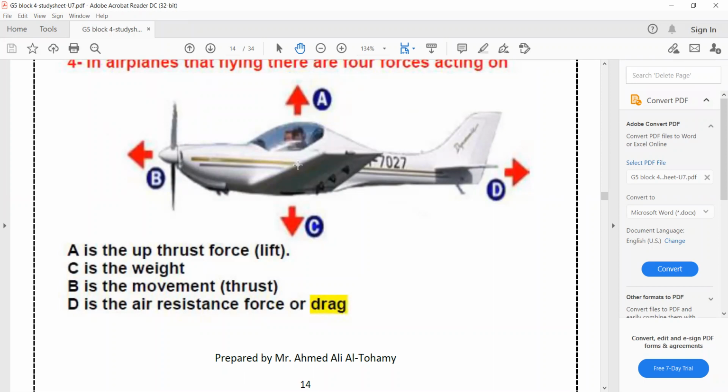If this plane moves downward, the weight force should have larger magnitude than force A.